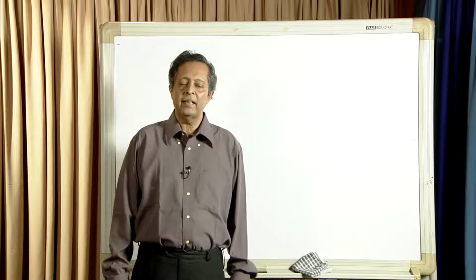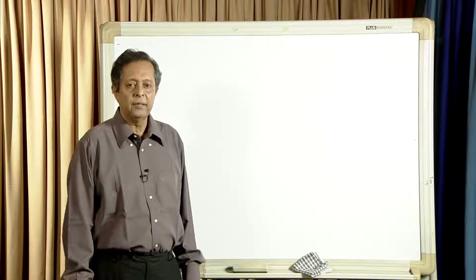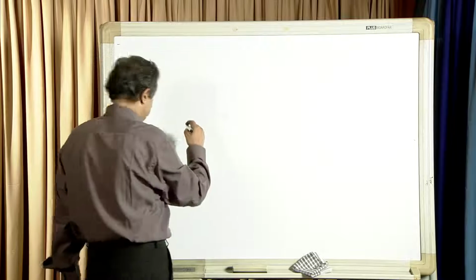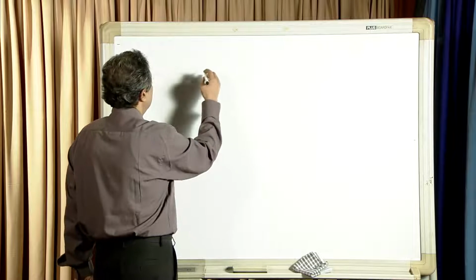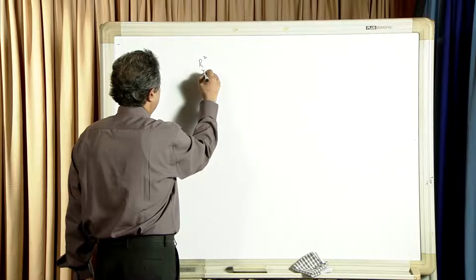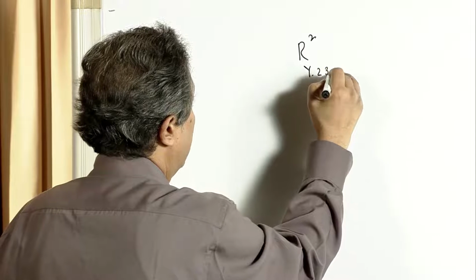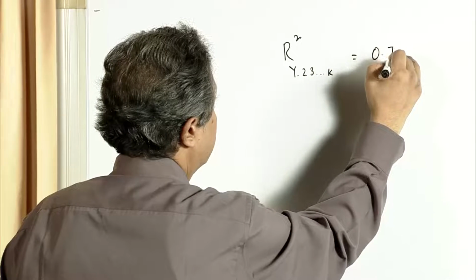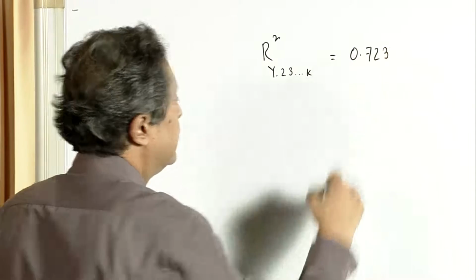Let us now look at an example of R square. Supposing we have an application where R square between y, 2, 3 up to k is equal to 0.723.